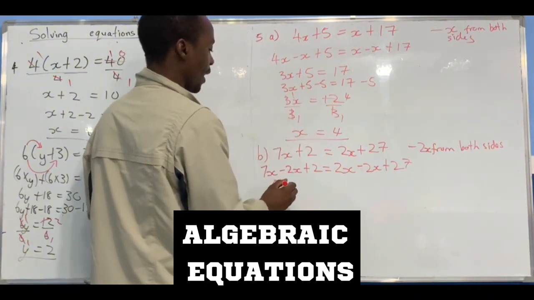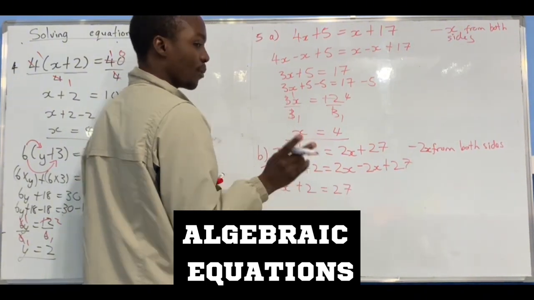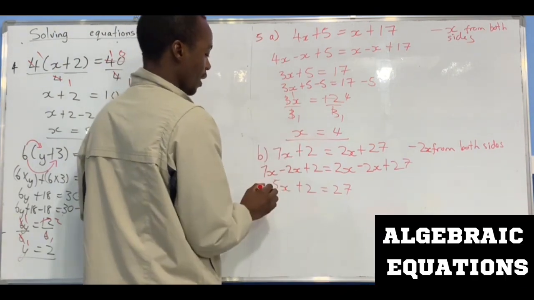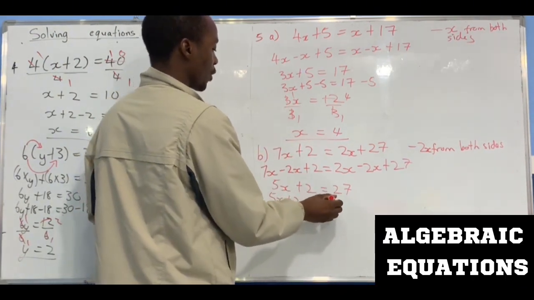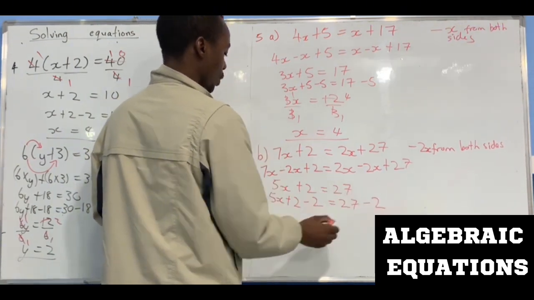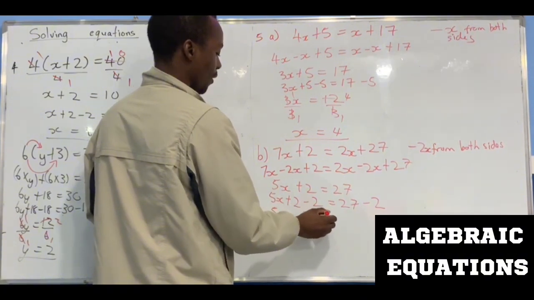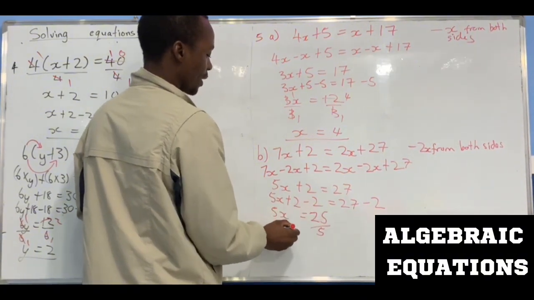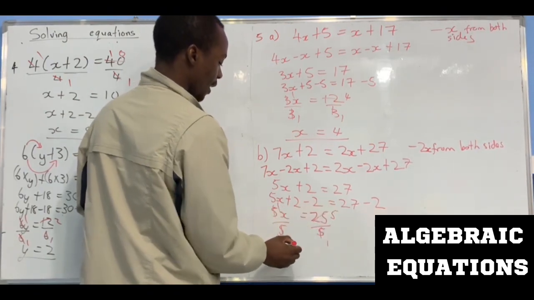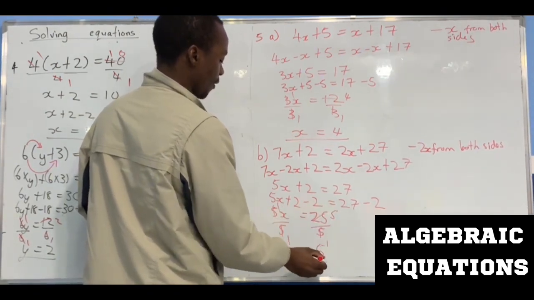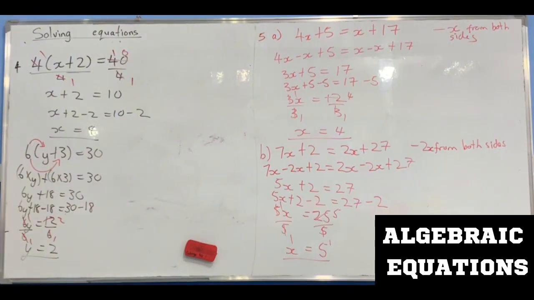Right, so this will be 5x plus 2 is equals to 27, since 2x minus 2x is equals to 0. Right, then we subtract 2 from both sides. 5x plus 2 minus 2 is equals to 27 minus 2. Then we will remain with 5x is equals to 25. We divide both sides by 5 to maintain the equality, and we remain with x is equals to 5.